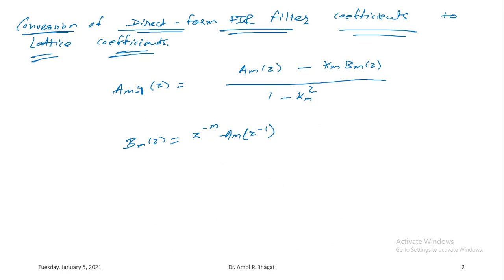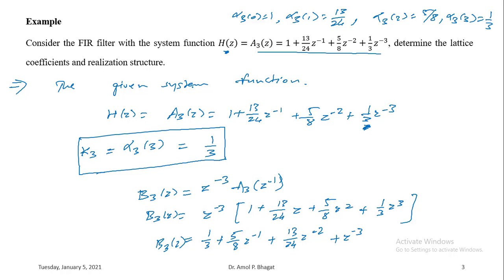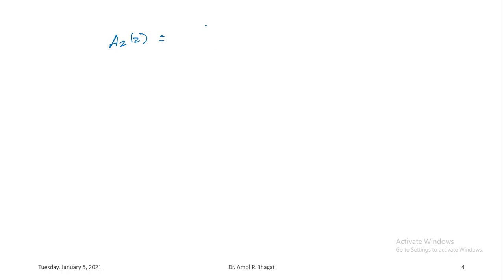So from this you can obtain a2 of z by using this equation, right? This am minus 1 of z. So a2 of z is simply a3 of z minus k3 b3 of z upon 1 minus k3 square.